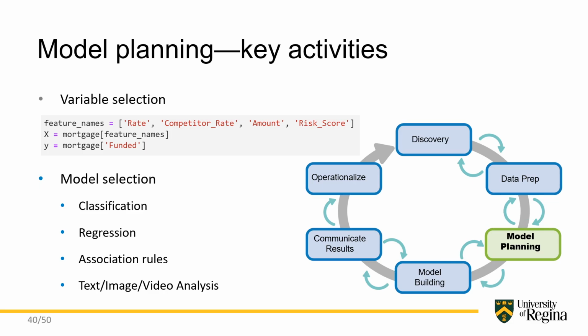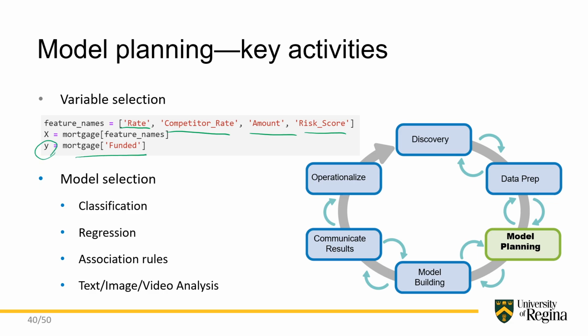We could call that feature engineering, or variable selection. One important part of model planning is to see what important features you want to use to predict your output.